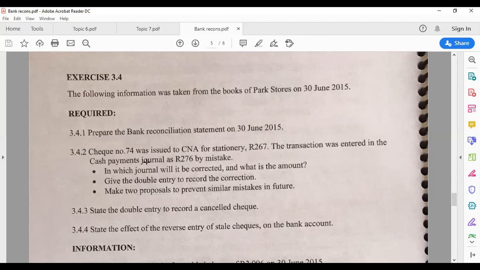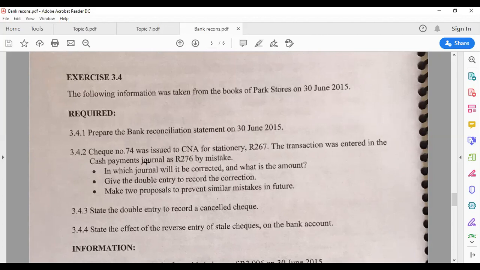Check number 7474 was issued to CNA for stationery of 267 Rand. The transaction was entered in the cash payment journal as 276 Rand. So can you see we made an error of 9 Rand?